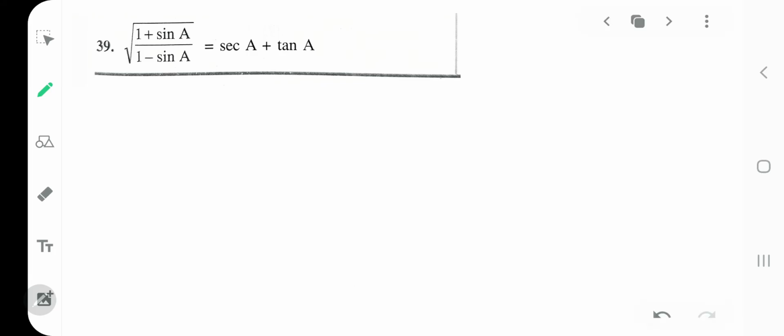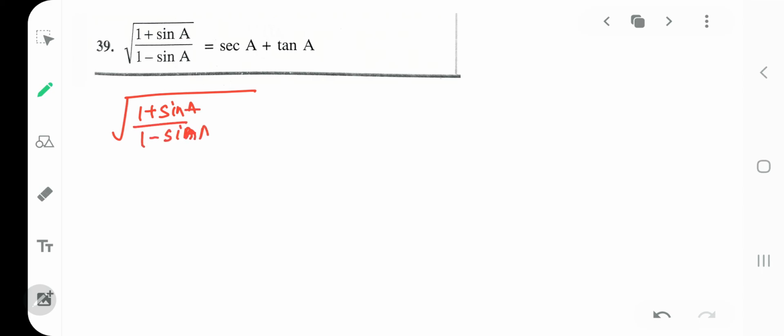I'll take your problem number 39. In 39th also, if you notice, you have under root 1 plus sin a upon under root 1 minus sin a. Now somehow you have to remove this square root. For that, inside you should have a square. For that, I'll multiply my left hand side. My question is 1 plus sin a upon 1 minus sin a on left hand side.